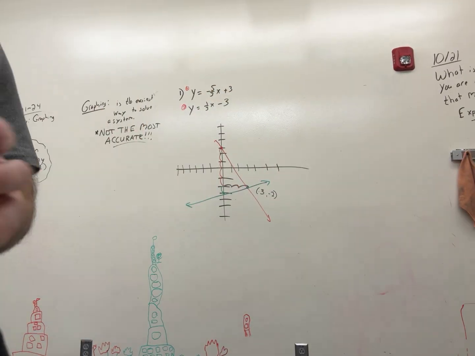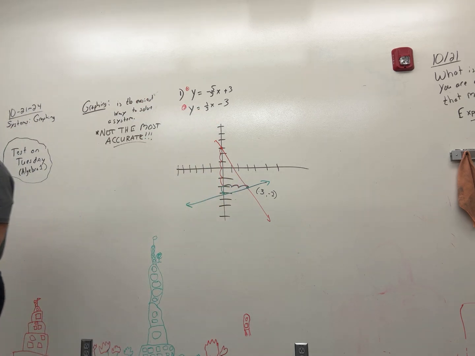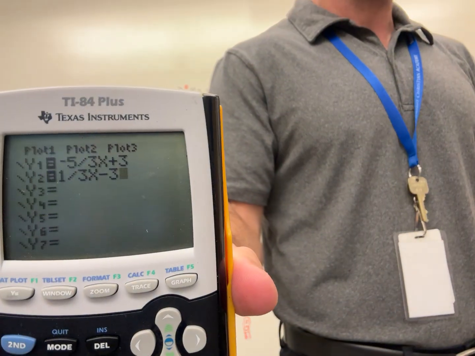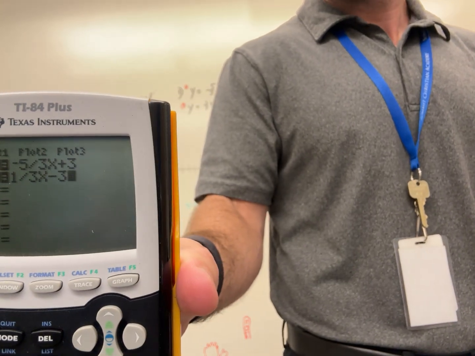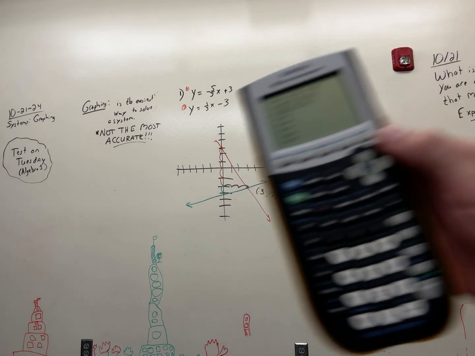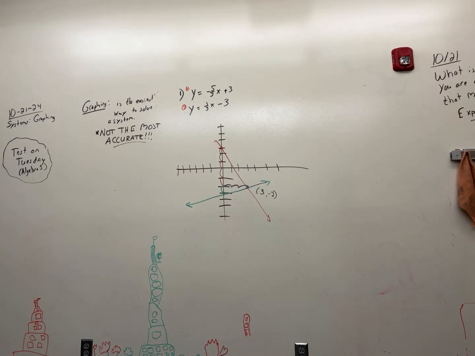It takes you down to y2. So now we're going to enter this one in. 1 divided by 3, x minus 3. So now we have both equations in there. Everybody with me? Okay, so right now we're going to press on the top, very top right, the word graph. And you should see 2 lines that have now graphed.